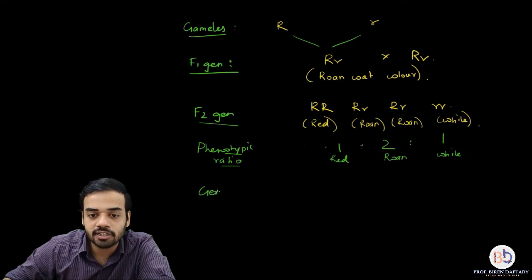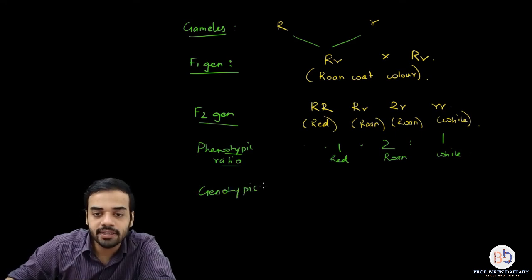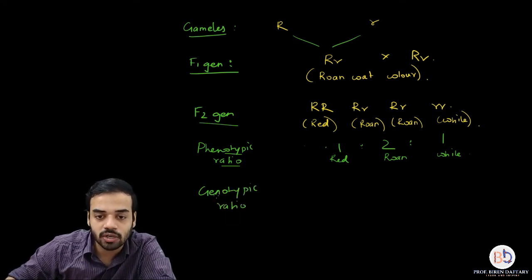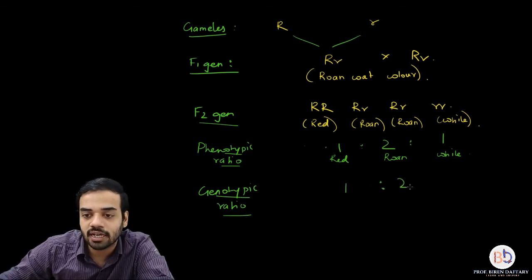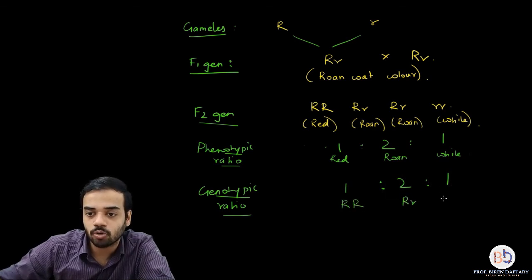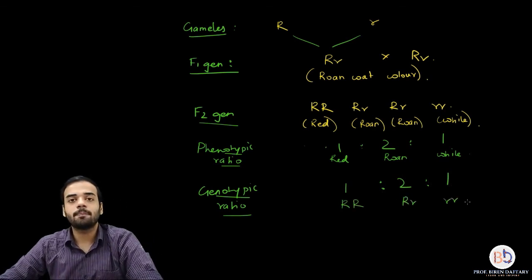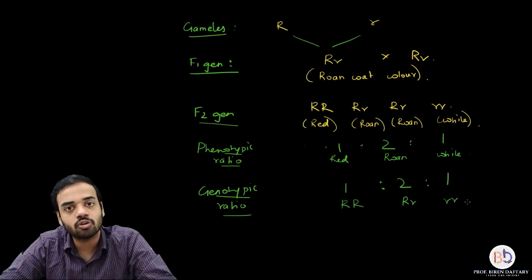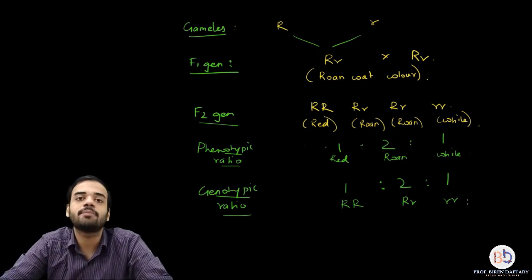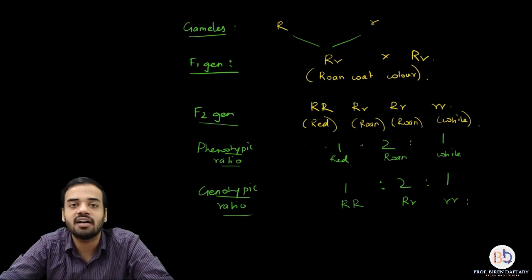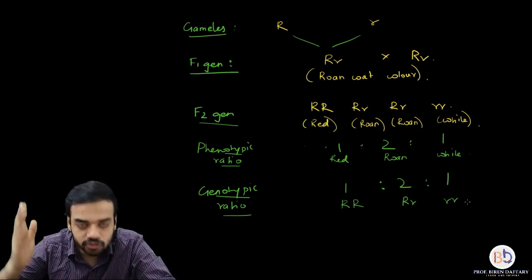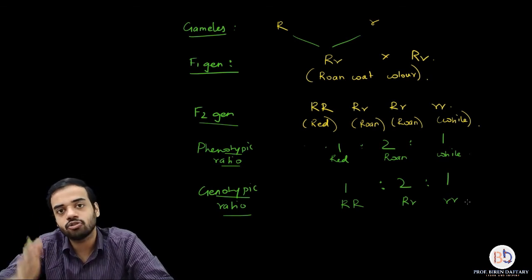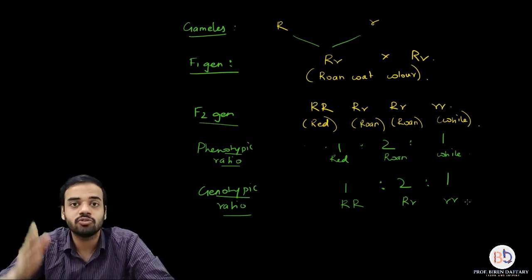Again, the genotypic ratio will also be the same as the phenotypic ratio as we had seen in incomplete dominance, and we are going to get that as 1:2:1. So 1 is going to be capital R capital R, 2 is going to be capital R small r, and 1 is going to be small r small r. So please remember, in incomplete dominance and codominance, the genotypic and phenotypic ratios are the same, and they are 1:2:1. If you are using Mendel's first law of dominance, the phenotypic ratio is 3:1, the genotypic ratio is 1:2:1.